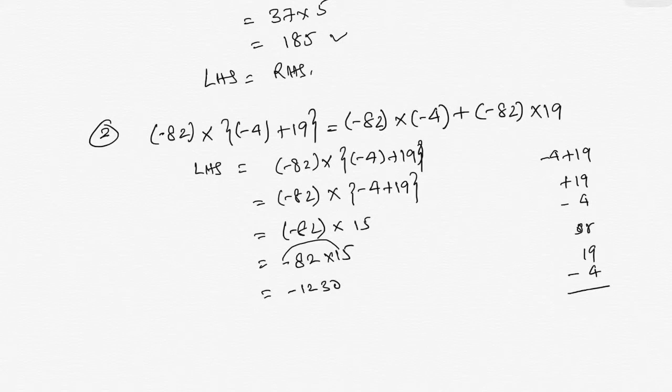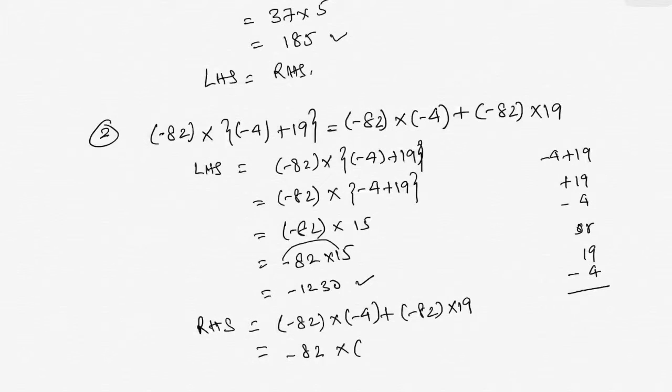Okay, now let's see the RHS, that is the right hand side. This is minus 82 into minus 4 plus minus 82 into 19. Now because we have taken minus 82 as common, this is the distributive property.